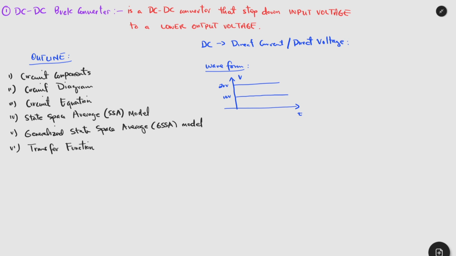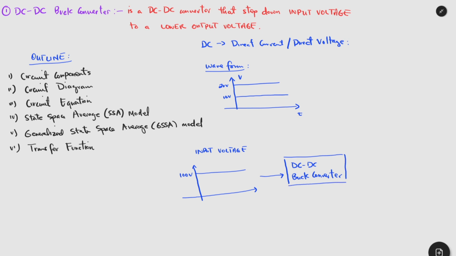A basic description of a DC to DC converter is such that if we have the input to the circuit, we can have the input voltage, and if the input voltage is a DC, say 100 volts, and now we have the DC to DC buck converter circuit.